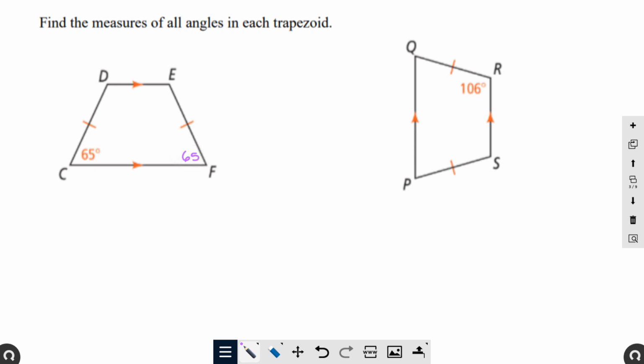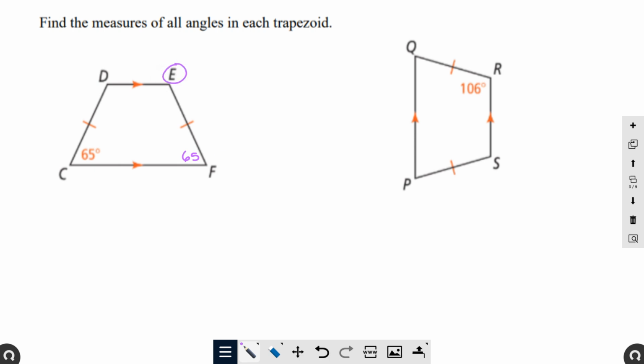F is also 65. Those two are equal to each other. Those two are acute angles, right? Does it look like the two angles at the top are also acute? No, they are obtuse angles. How do you think the bottom angles are related to the top angles? They're supplementary because these are parallel lines.